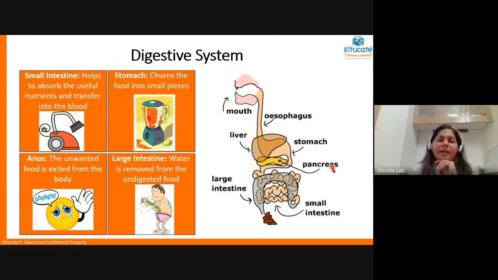Absolutely. So the digestion process starts in the mouth itself. The carbohydrates in the food start getting digested in the mouth. After you chew the food, it's like grinding the food, and the breakdown has already started.